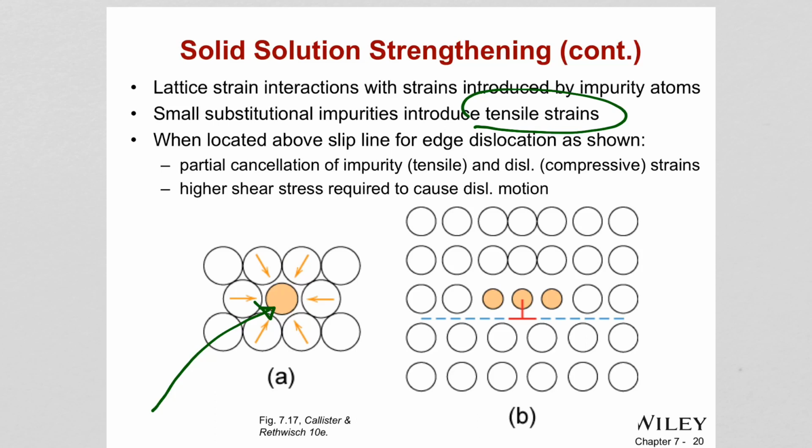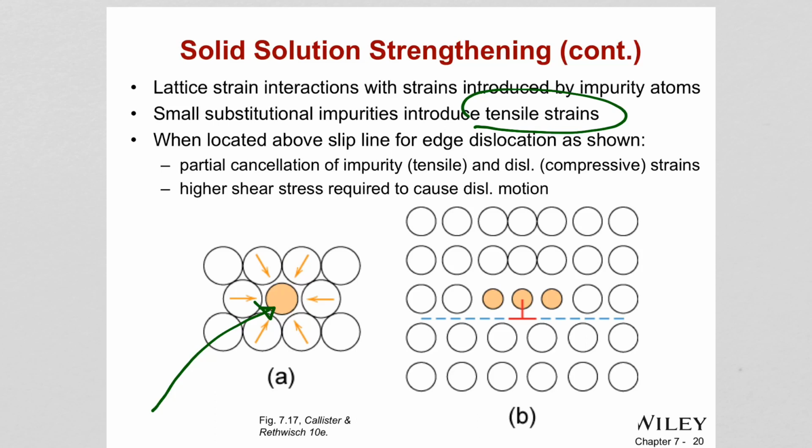Now, since the material will not want to stay in a strained configuration because it needs to relax, right? Minimize the strains in the structure. That is what preferentially happens.